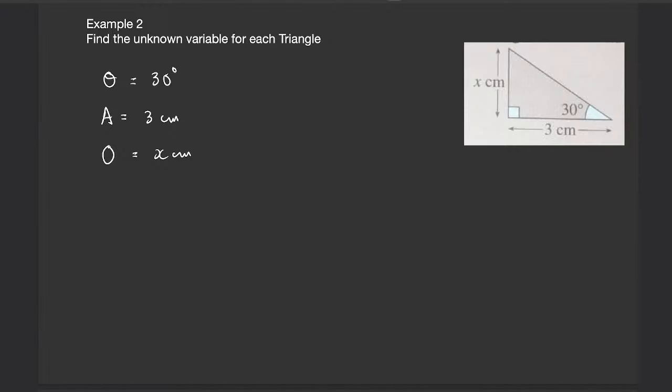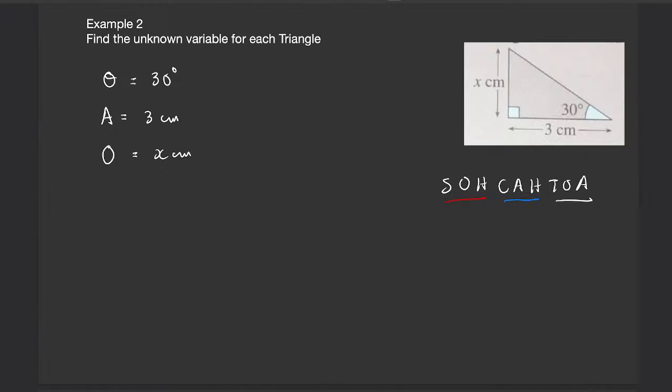Well, if I recall my acronym, SOHCAHTOA, so we have the sine trig ratio, we have the cos trig ratio, and we have the tan trig ratio, right? So we have the adjacent and opposite.